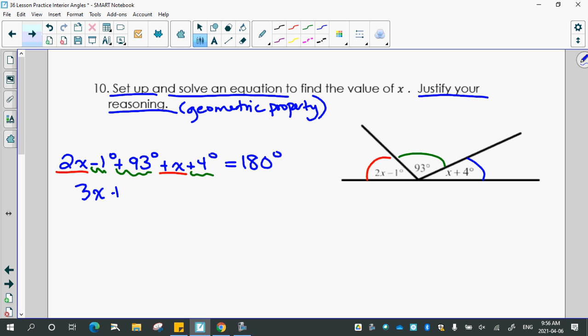Plus 96 degrees equals 180 degrees. So after you've set your equation up, then simplify the left side. Then you want to get x by itself, so you use reverse order of operations, so you're going to subtract 96 degrees on both sides first.